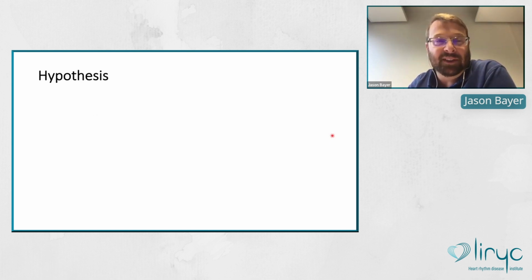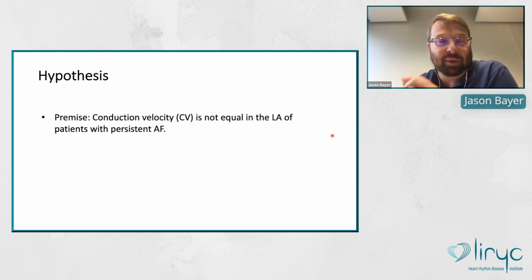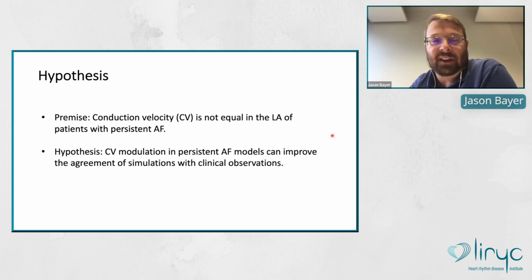So their hypothesis, building on this premise, is that conduction velocity is not equal in the left atrium of patients with persistent AF. Assuming this is true, they hypothesize that modulating conduction velocity in persistent AF models can improve the agreement of the simulations with the clinical observations.